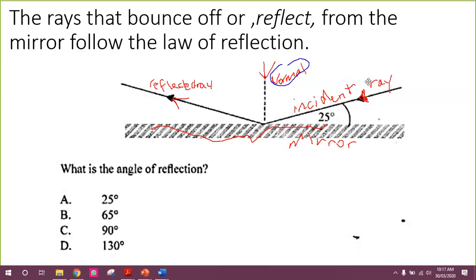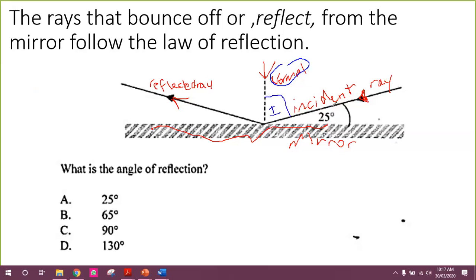Where is the angle of incidence located? Very good. Between the normal and the incident ray. This is our angle of incidence.